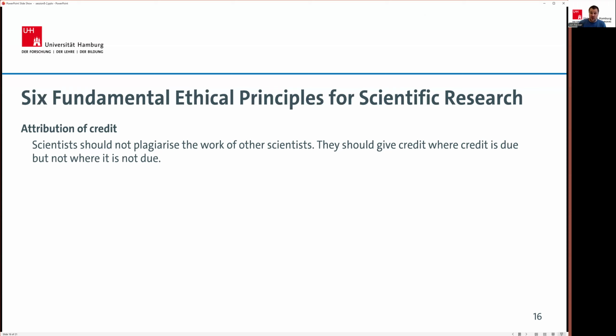Because if credit is due for a claim, for an argument, for a finding, for an idea, we need to give credit, which in writing very often is done through citation practices, where we insert a reference that links to a document or a paper or a book or anything else by some other person, whoever came up with this point or the idea.